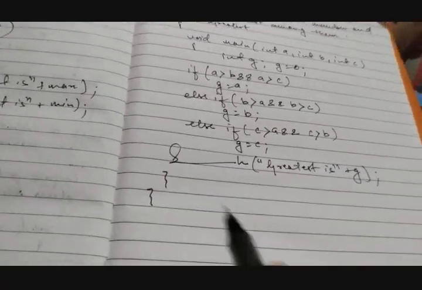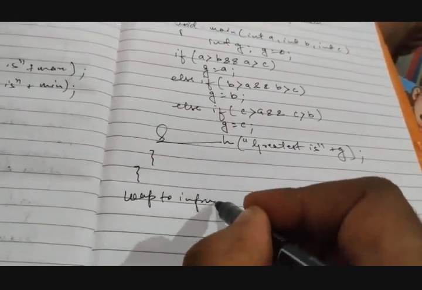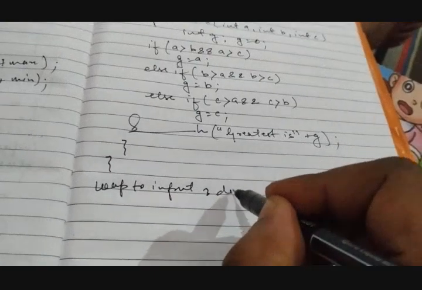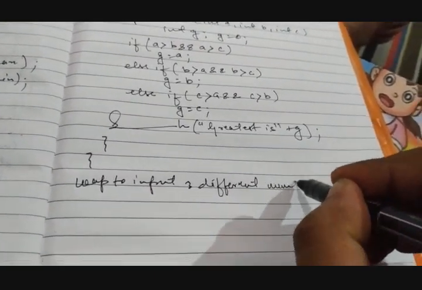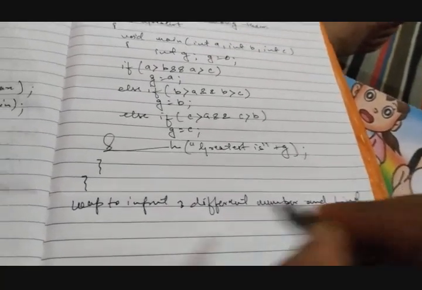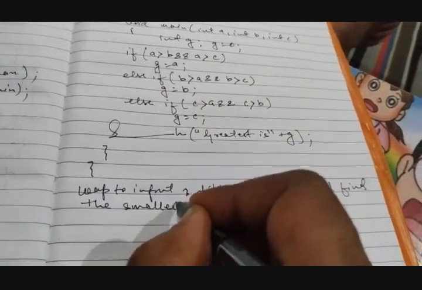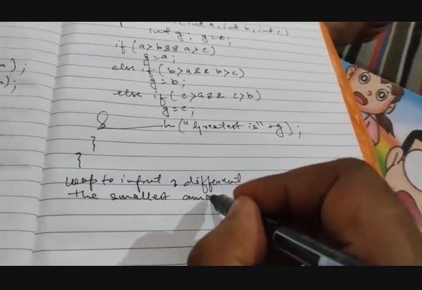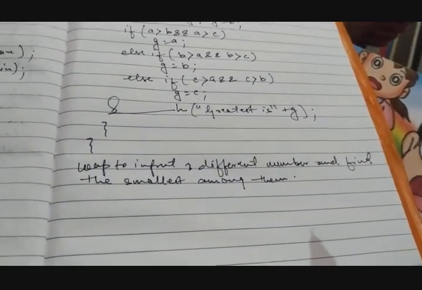So now another question: we have to input three different numbers and find the smallest among them.